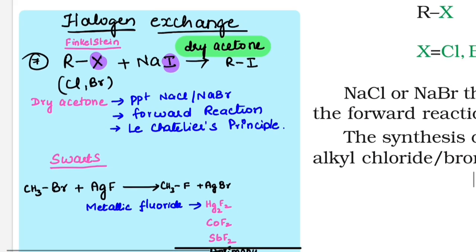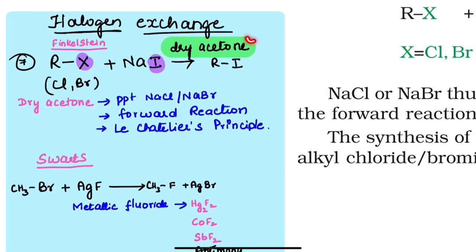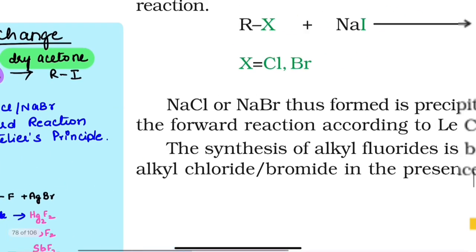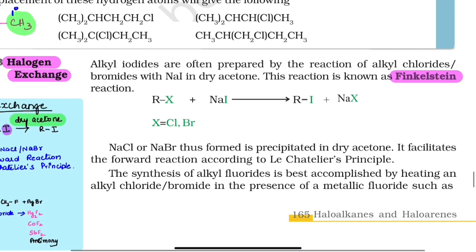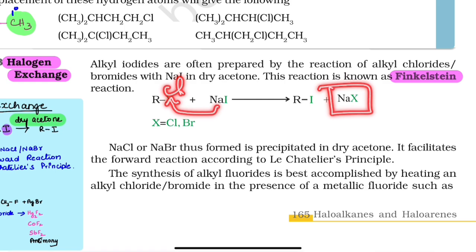One important question that can be asked is why we use dry acetone. The reason is that it will precipitate the NaCl or NaBr which is formed. In the reaction, the halogen is replaced by iodine. If it is Cl, Na will combine with Cl and NaCl will be formed.